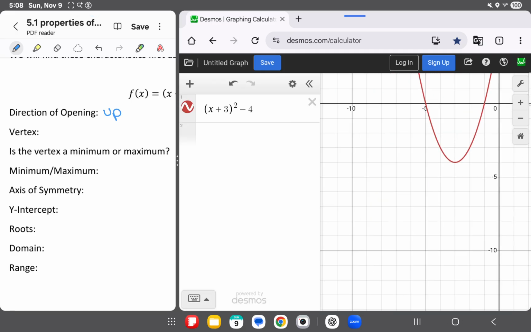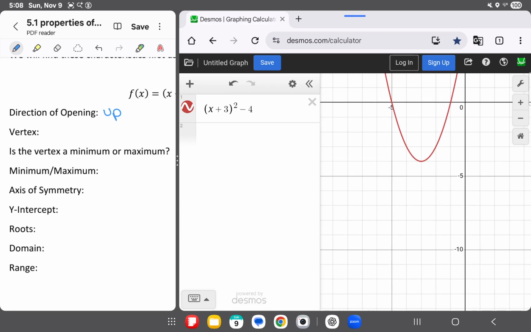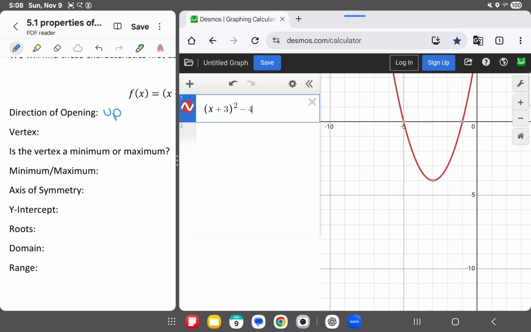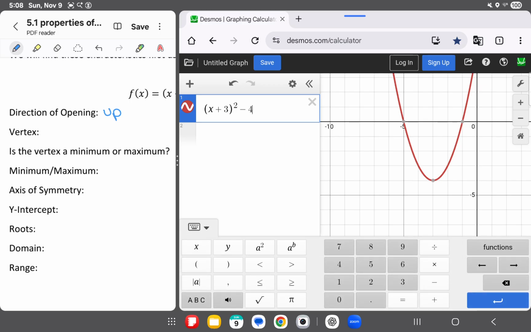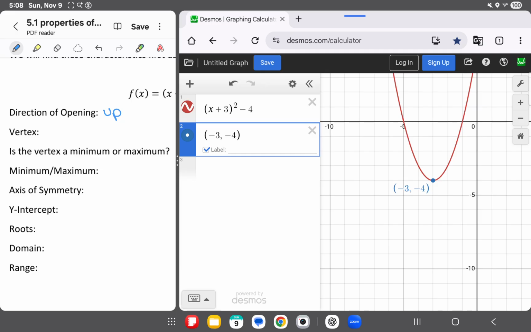You can always drag around your graph to get to what you need. And then we are going to just click on that graph again, and that gray dot will appear at that turning point. And we can actually export that point if we want, and tell it to label it if we want to keep it.